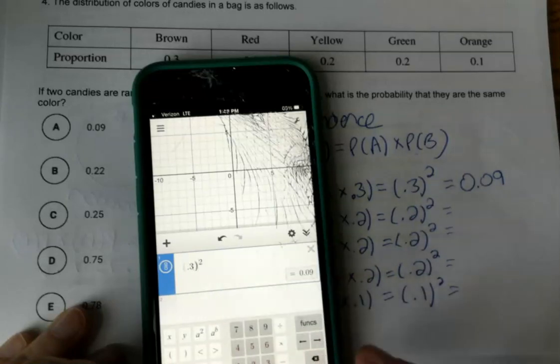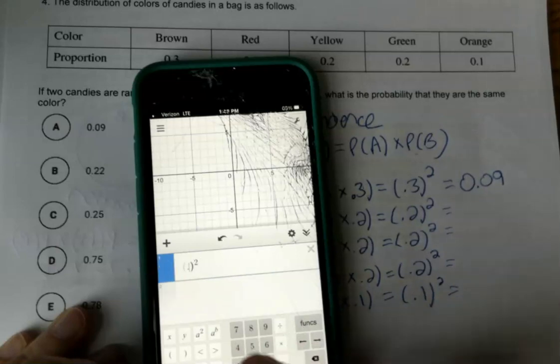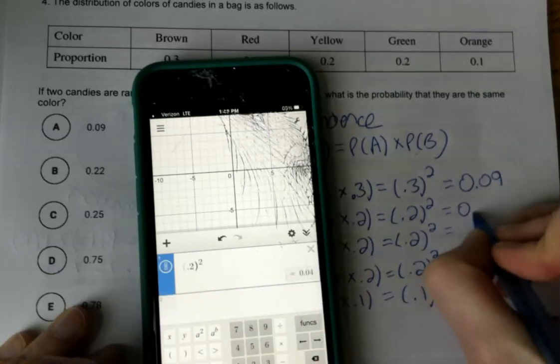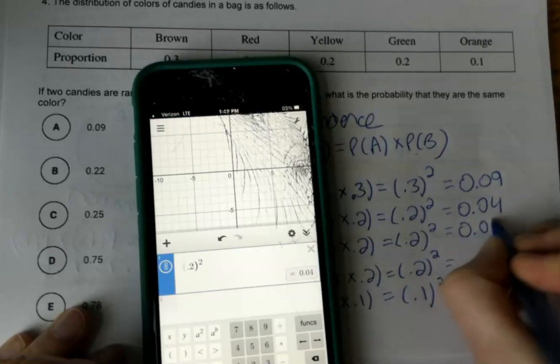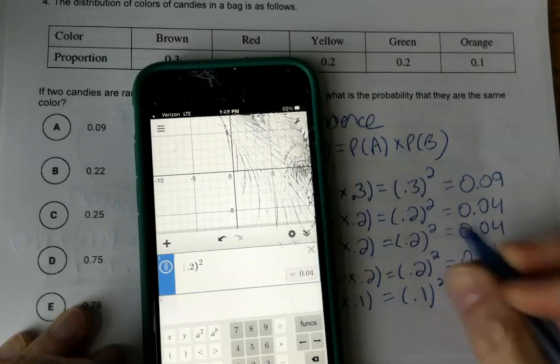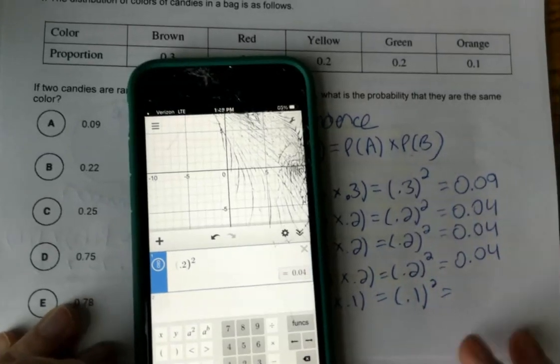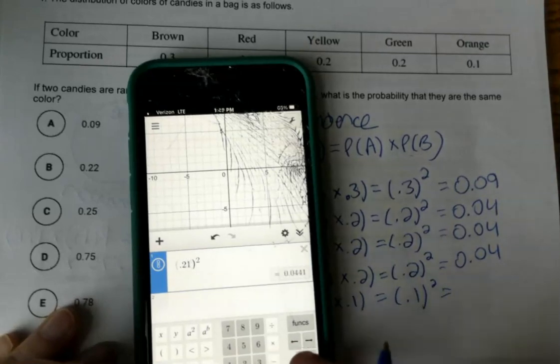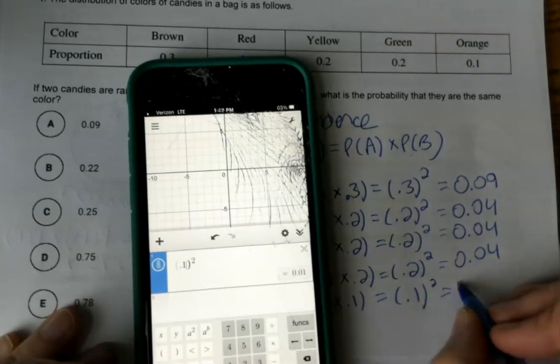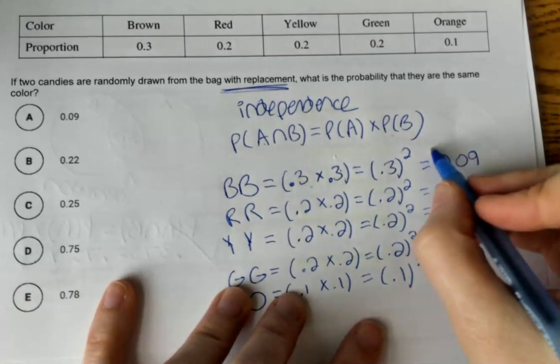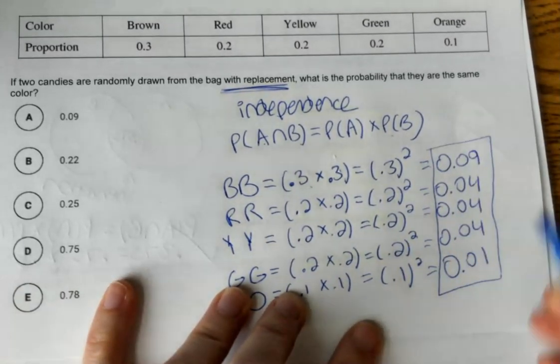Okay, so I got 0.09 for the first one. I've got 0.04, and I can actually just keep repeating that because that's the same for the next 3 colors. And then 0.01. Okay, I've got all these probabilities.